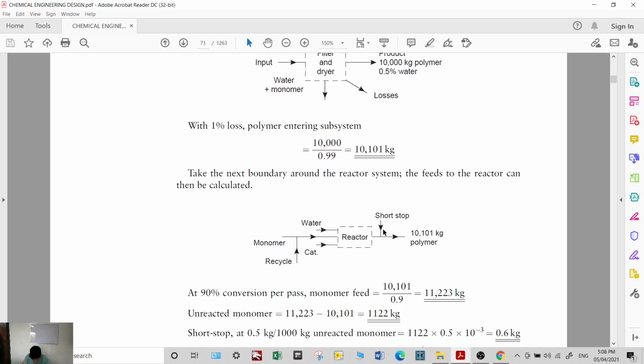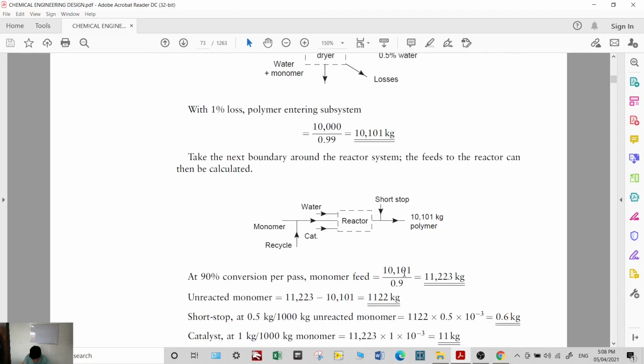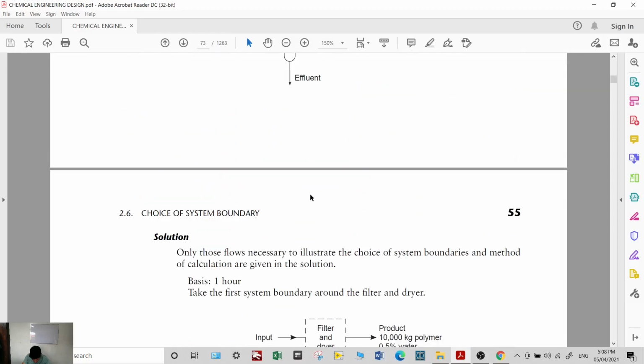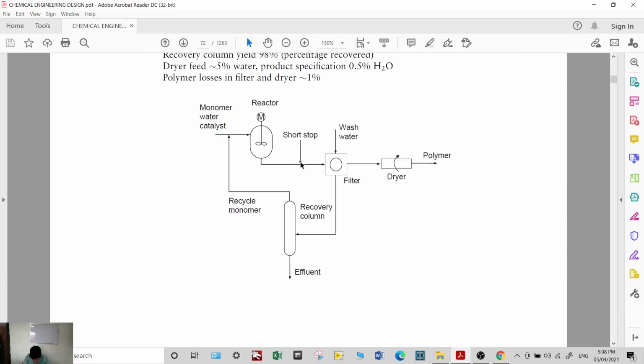You have also the short stopping agent. So at 90% conversion per pass. Okay, so we know that 10,101 is here. The input to your filter dryer system is 10,101.